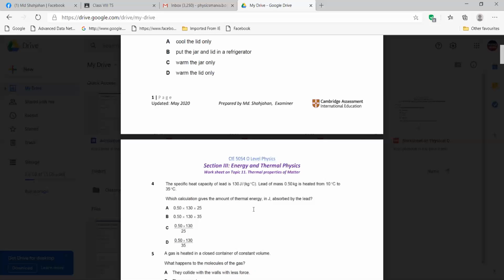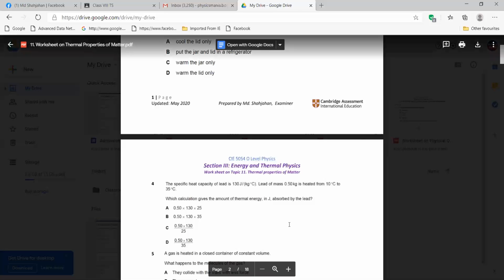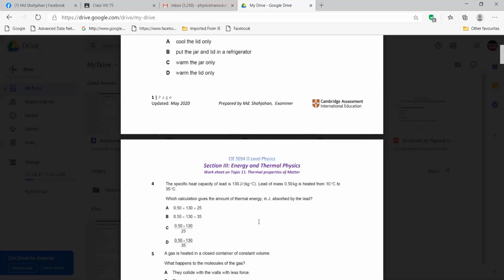Q equals MC del theta, right? Q is the thermal energy, M is the mass, C is the specific heat capacity, and del theta is the change in temperature, right?